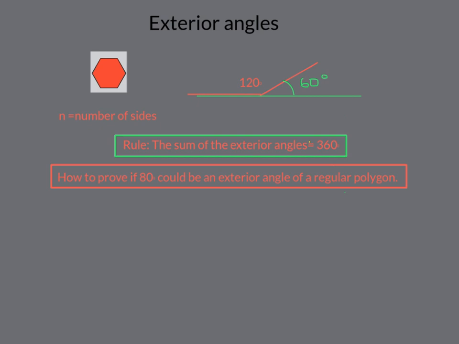So this is an exam style question they could ask you. It could be worth 3 marks, and it's asking you to prove whether 80 degrees could be an exterior angle of a regular polygon. We now know that the number of sides times the exterior angle should equal 360.